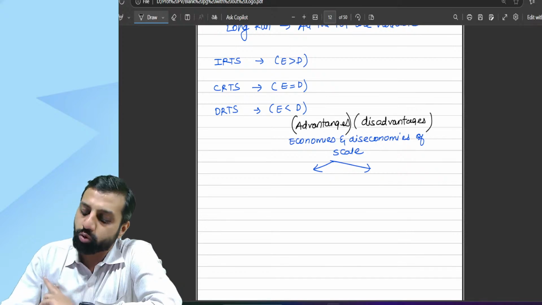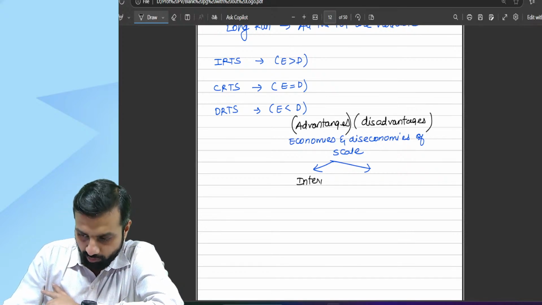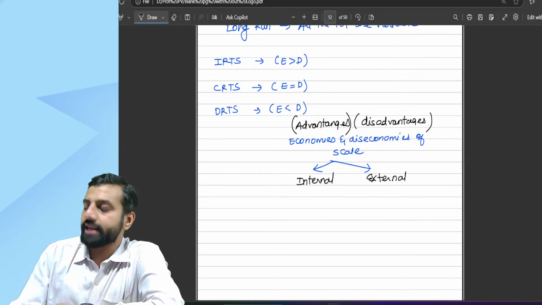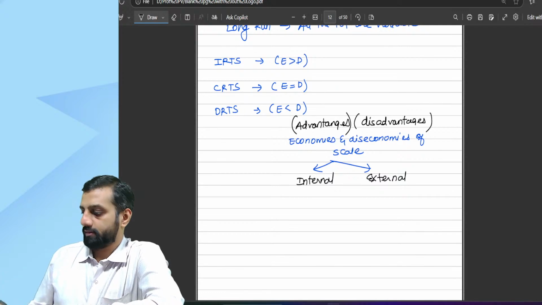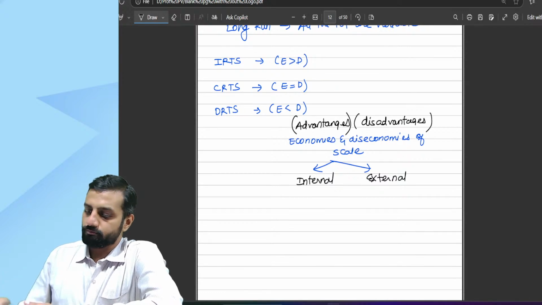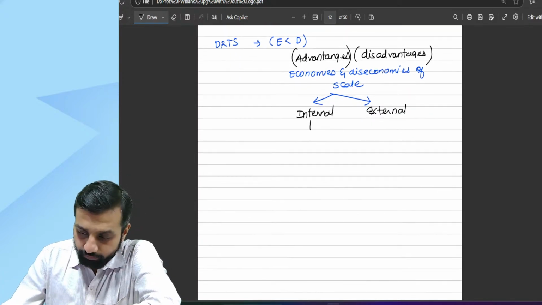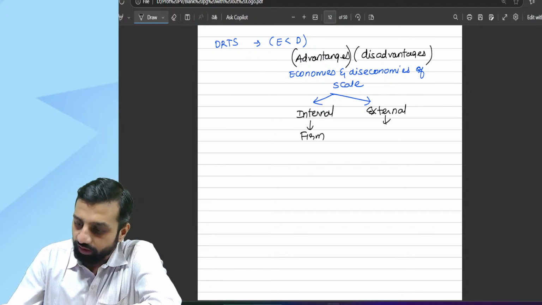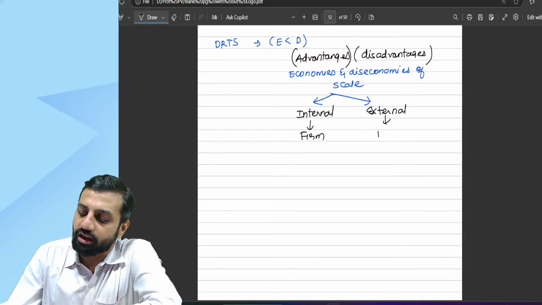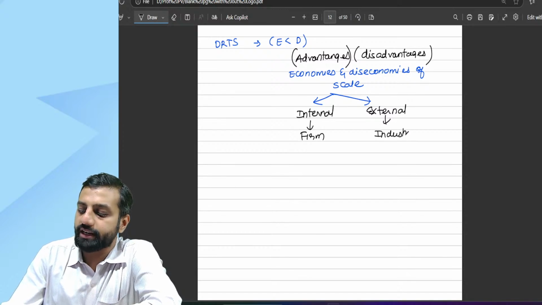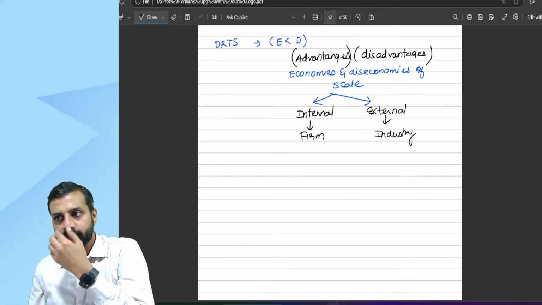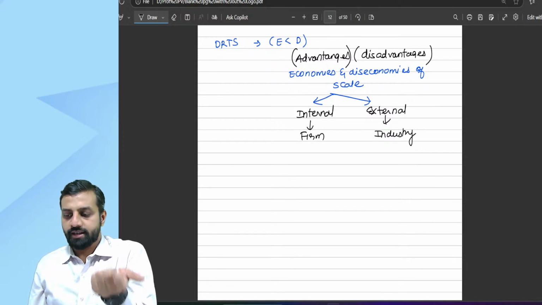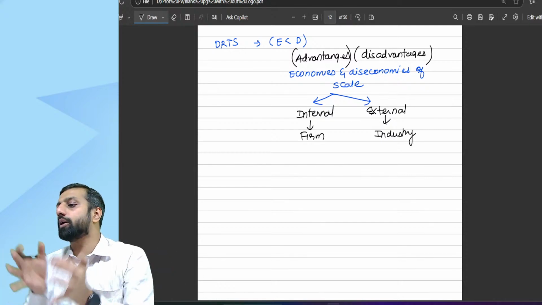They can be of two types: internal or external. Internal affects the firm, whereas external affects the industry. Firm is a particular concept, whereas industry is a group of firms.